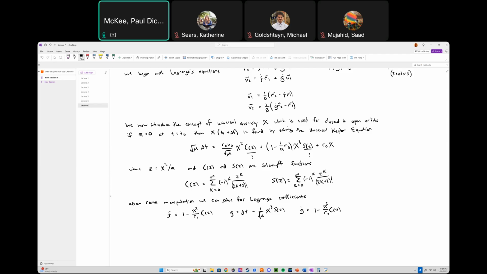And we've also skipped a ton of steps to get to this point. So for now, we're going to take our word for it that if we can figure out this whole universal anomaly business and these Stumpff functions, now we have these Lagrange coefficients, which allow us to solve for V2.